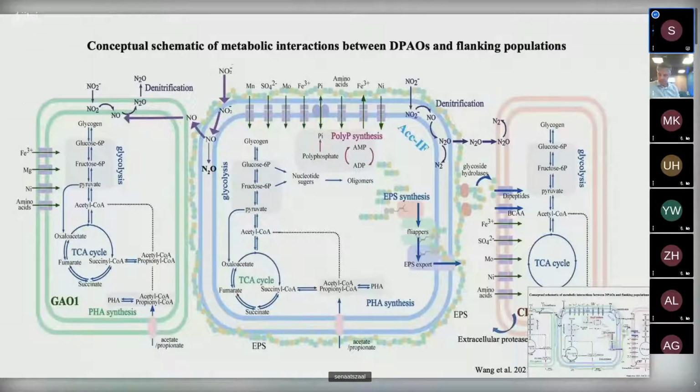So the Acinetobacter PAOs and Competibacter GAO and other flanking populations may actively cooperate in denitrification metabolism, and the PAO populations may also provide their carbon source to the flanking populations.